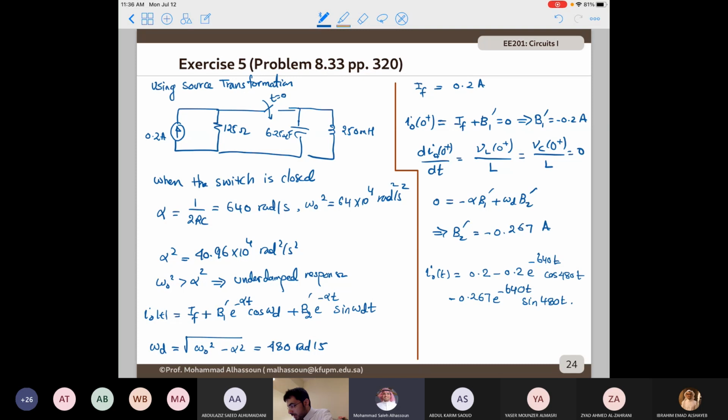The unit is ampere, and this is for t greater than or equal to 0. Any questions?